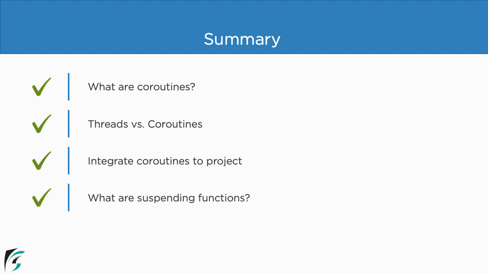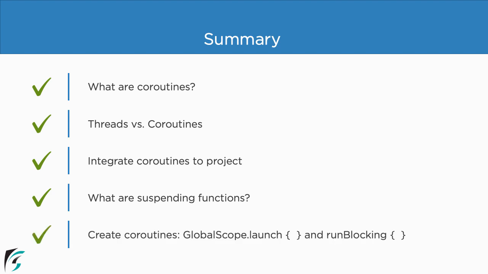Then we saw what suspending functions are and how to create such functions on our own. Then we also saw two ways to create coroutines: first by using the launch function and another by using the runBlocking function. We also explored the basic differences between them. I hope you remember that.